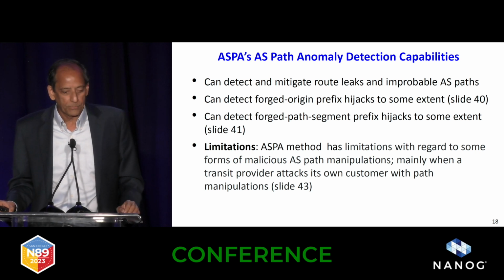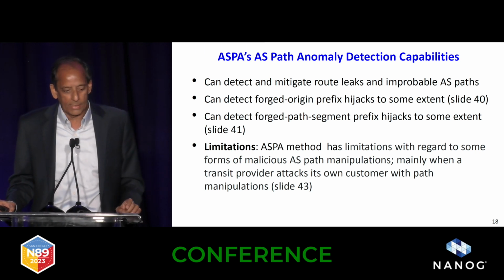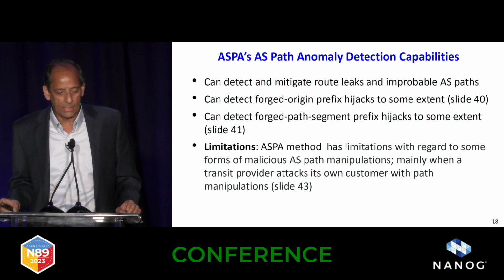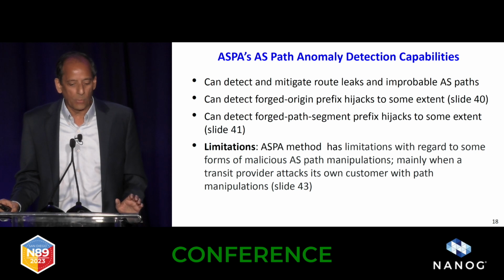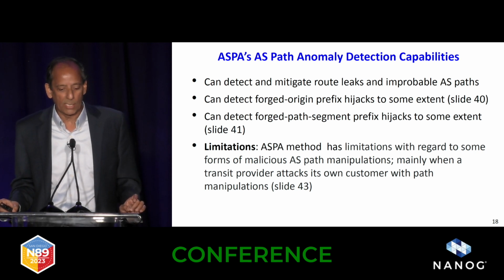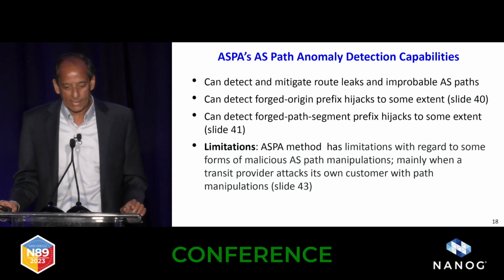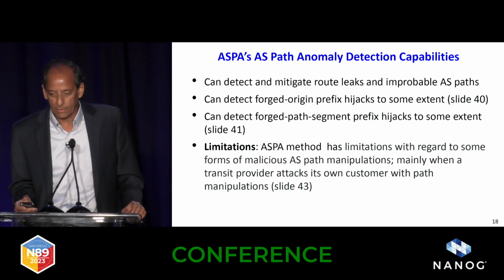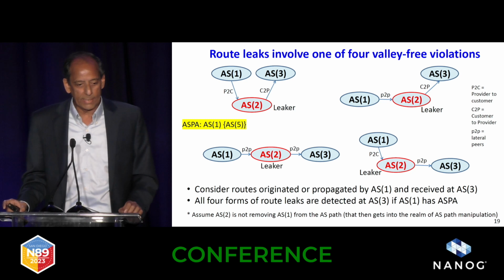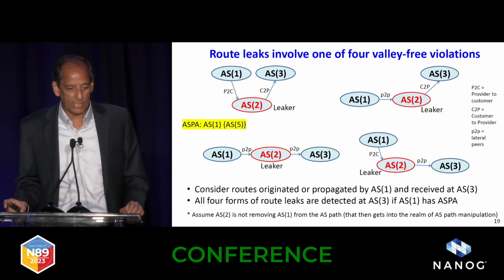So for route leaks, it's very good. In terms of limitations, the ASPA method has limitations with regard to some forms of malicious AS path manipulations, and that too mainly when a transit provider attacks its own customer with path manipulations. And we'll see that in an example on slide 43. But for the most part of this talk, we will focus on the route leak detection using ASPA.